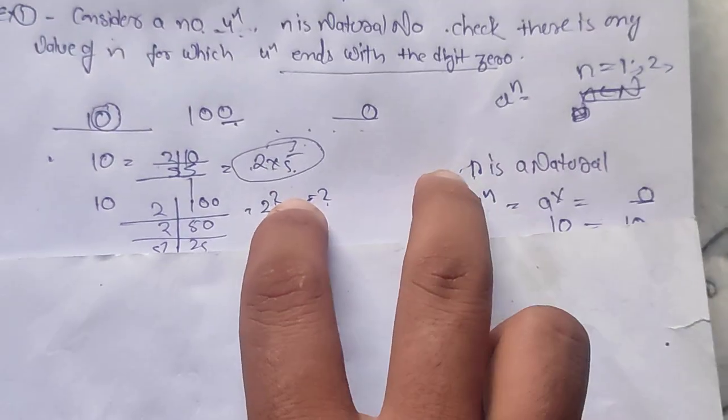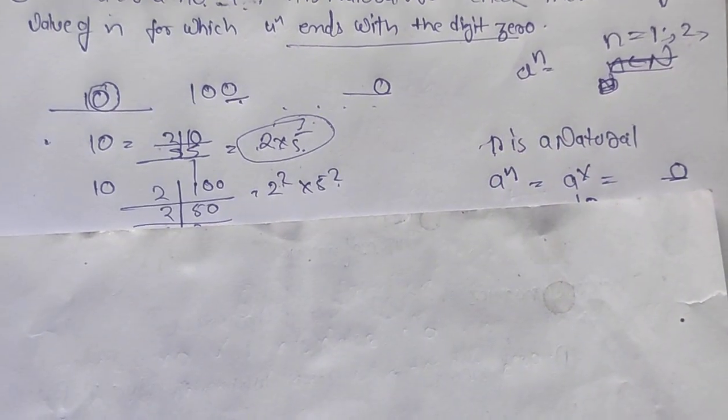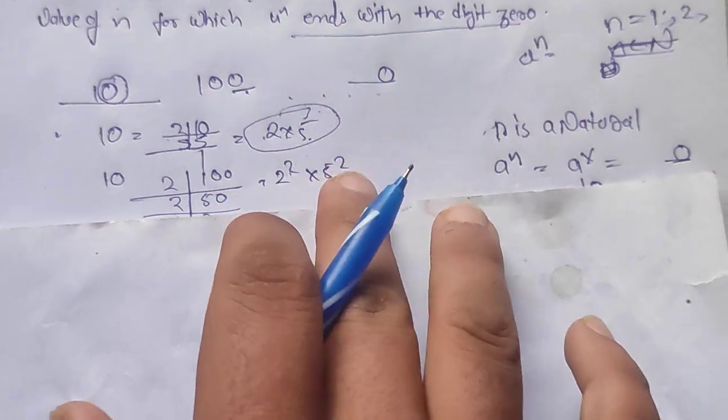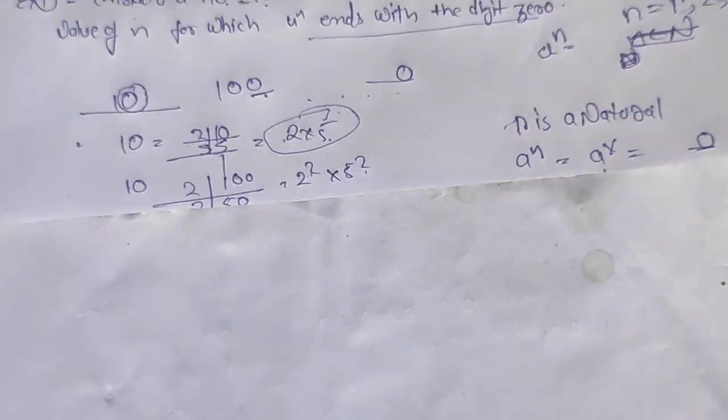The main part is understanding the concept, but for HCF and LCM we'll discuss in the next classes. That is, the highest common factor and least common multiple.